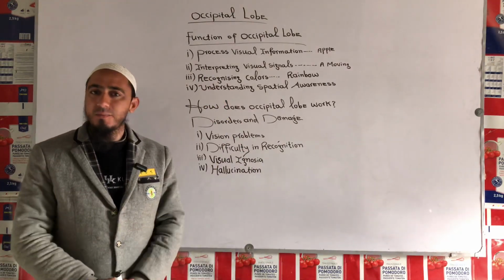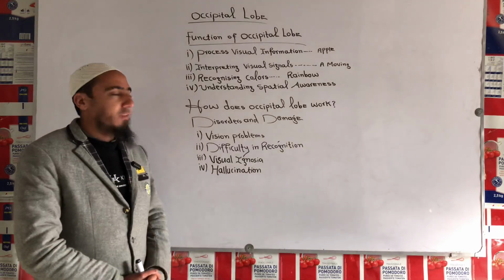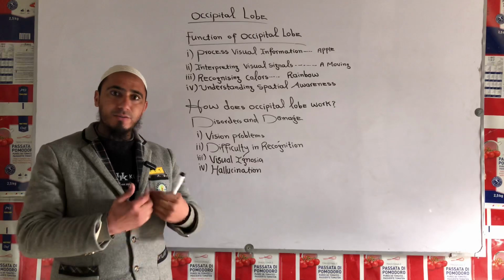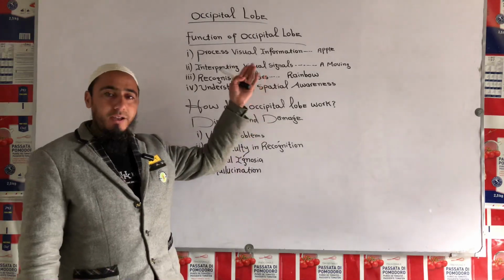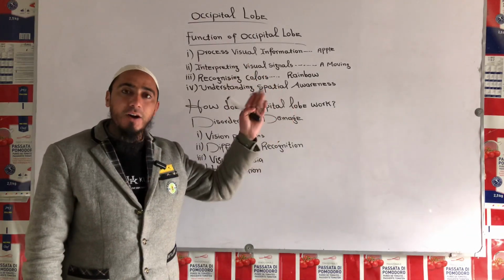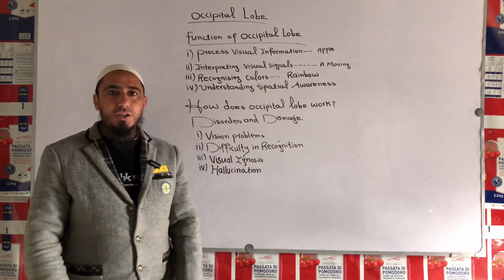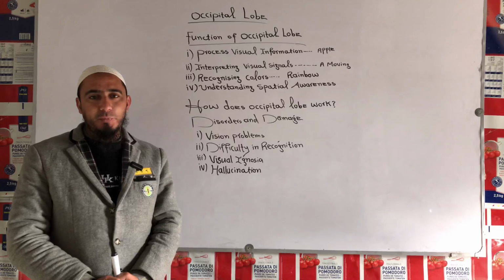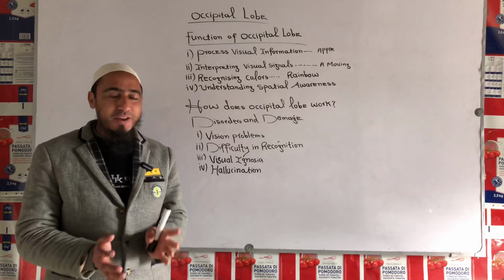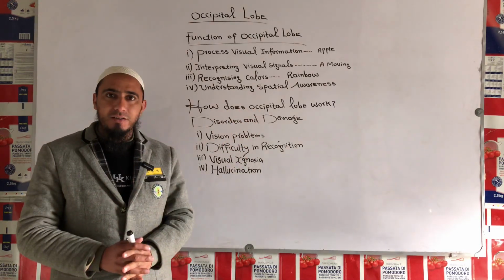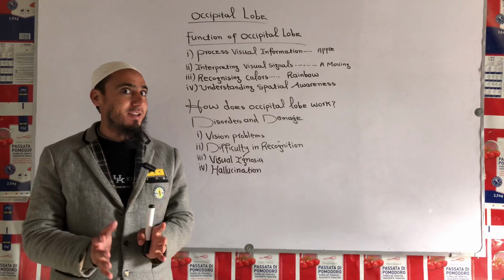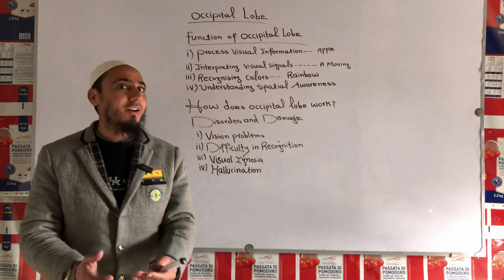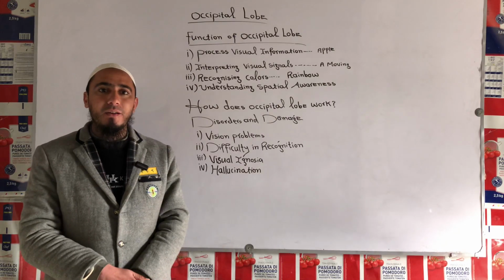The second function of the occipital lobe is interpreting visual signals. This means it not only helps us analyze images and objects, but also helps us interpret visual signals. For example, it helps us tell whether a thing is near, in the distance, far, or in motion.